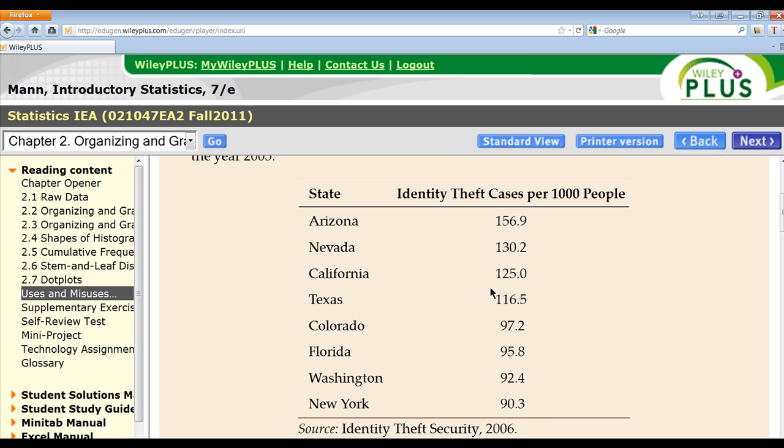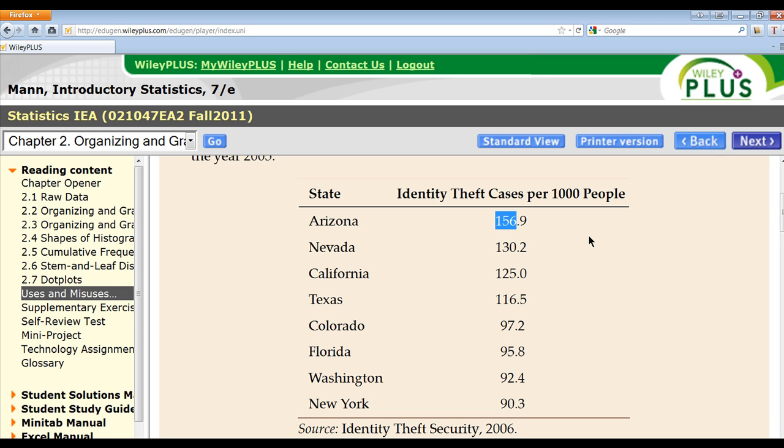Okay, so what does this number mean? The number of cases per 1,000 people in Arizona was 156.9 cases per 1,000. Obviously, Arizona has more than 1,000 people, but this is the number per 1,000 people in Arizona.